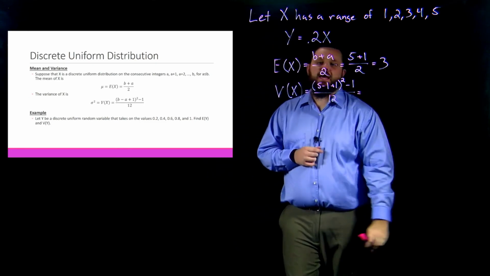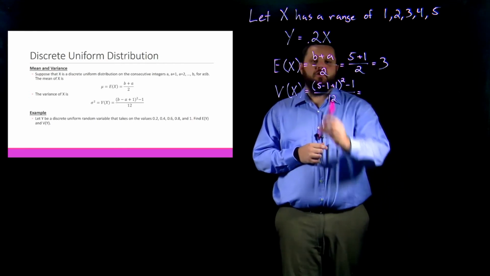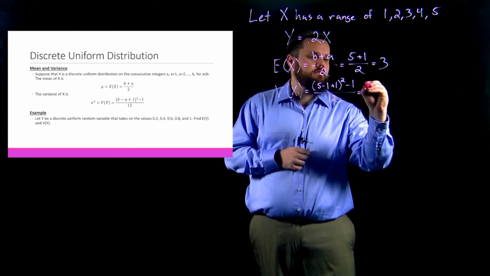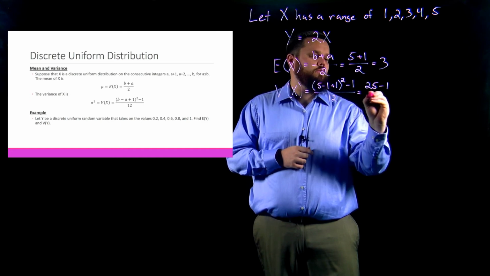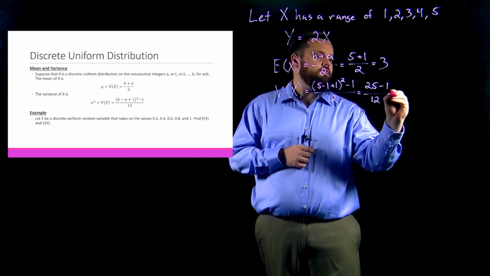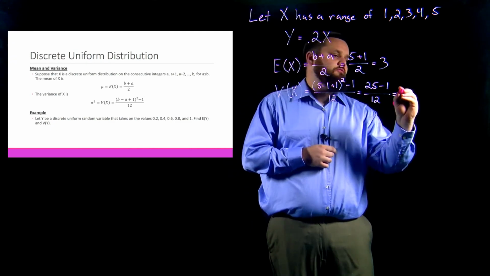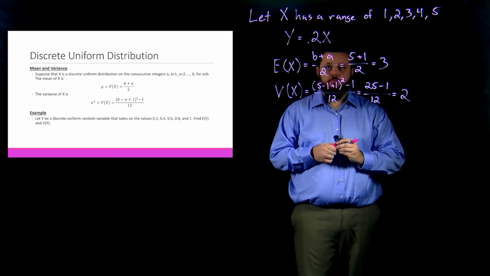So we're going to have 5 minus 1 plus 1, that's just going to be 5. So 5 squared is 25. 25 minus 1 divided by 12. So we're going to have 24 over 12, or our variance of x is going to be 2.